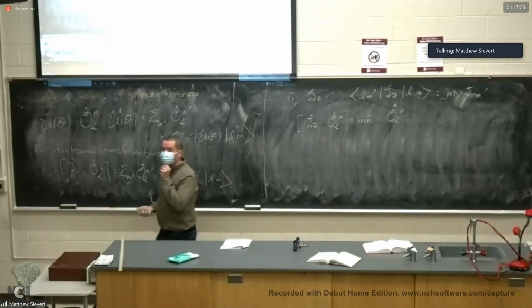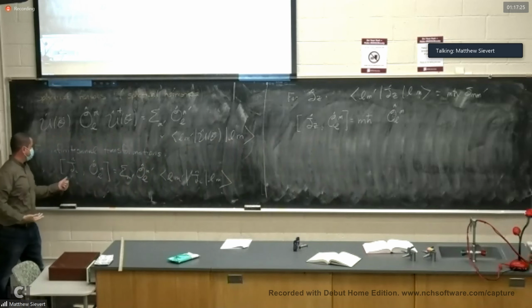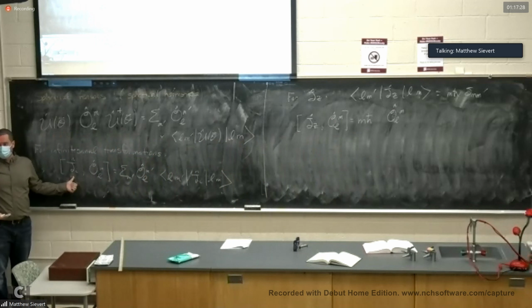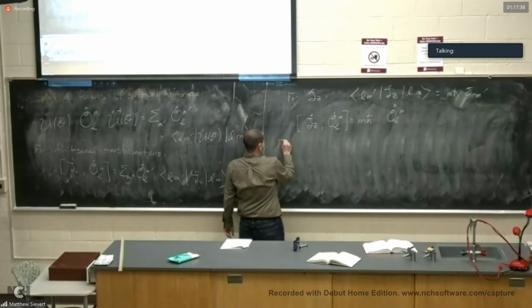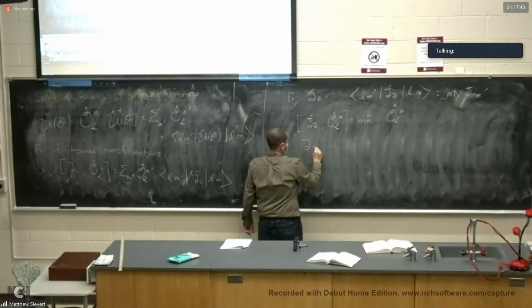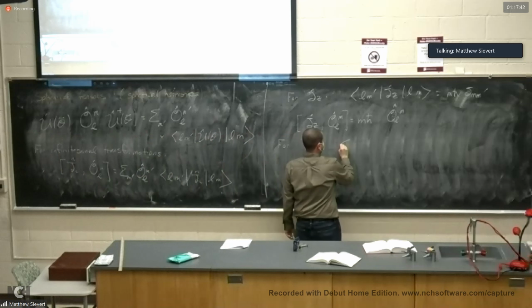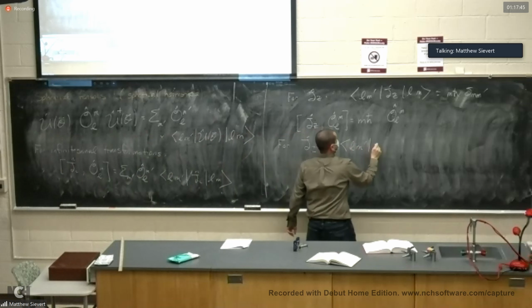I could write this out similarly for X and Y, but X and Y are not good choices when I'm talking about Jz. X and Y are better rephrased in terms of plus and minus, which are just linear combinations of X and Y. For J plus minus, that matrix element is again simple.